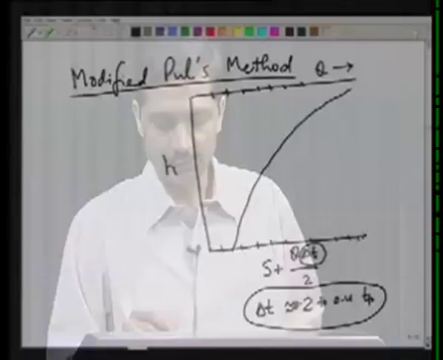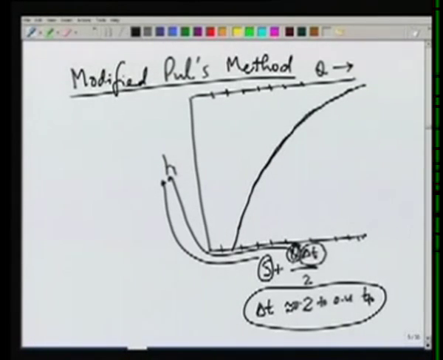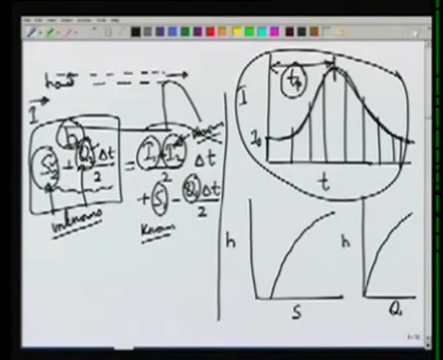Once we choose delta t, since we know both S and Q as functions of H, plotting this curve is straightforward for a given value of delta t. Now if we look at the equation, all these quantities are known at the beginning of the time step. So with these quantities we can find the sum of S and Q delta t by 2.